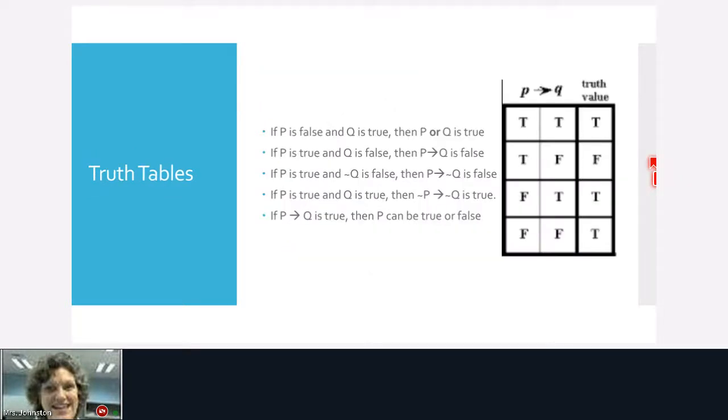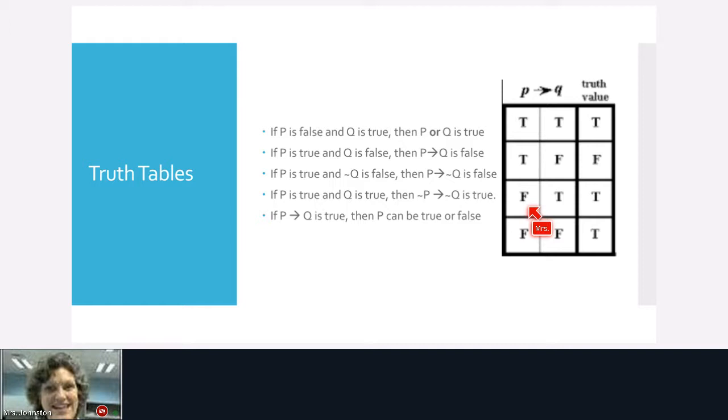Now, you were presented with a ton of truth tables. I don't think you're going to remember them all, but if you think about them hard enough, you will be able to recreate them, and hopefully you'll have a few in your notes. Here is a truth table for if P, then Q. If P is true and Q is true, then together they are true. If P is true and Q is false, then the truth of the whole conditional statement is false.